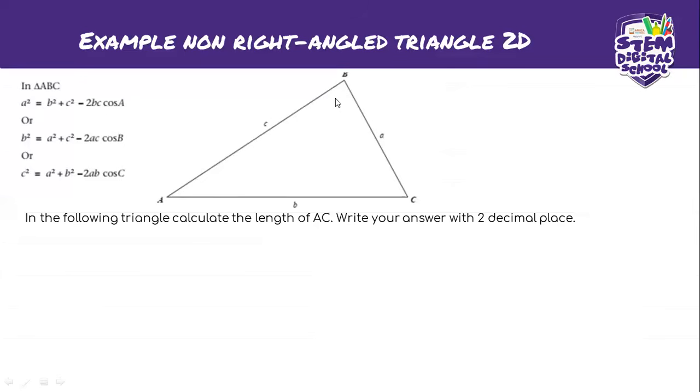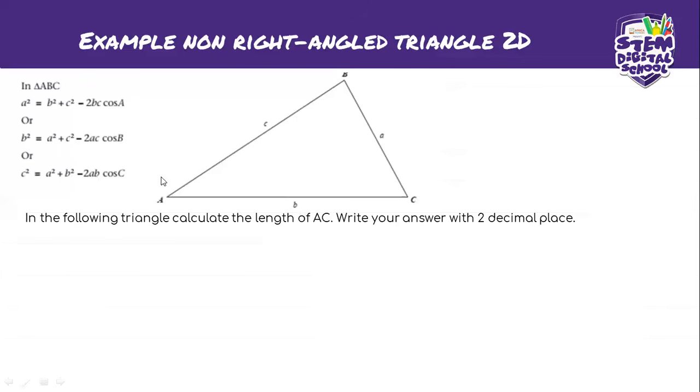Or if we have to calculate this angle B here, or the side opposite to this angle B, which is this one, then we'll have to start with this. We are going to start with a small letter b, then you square it, equals the other two sides, right?